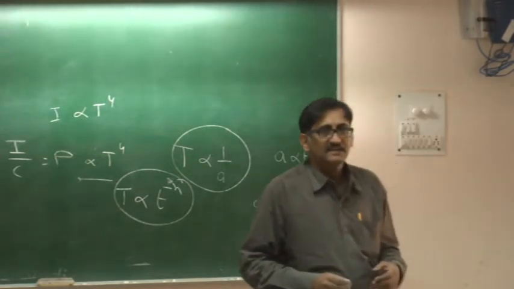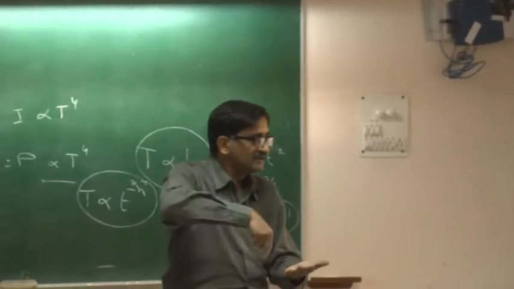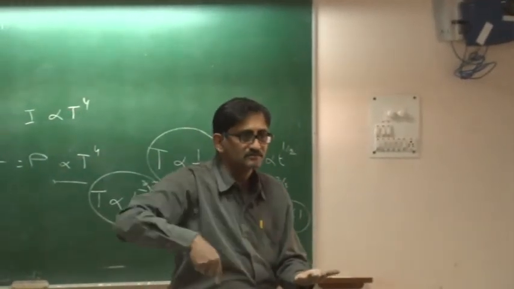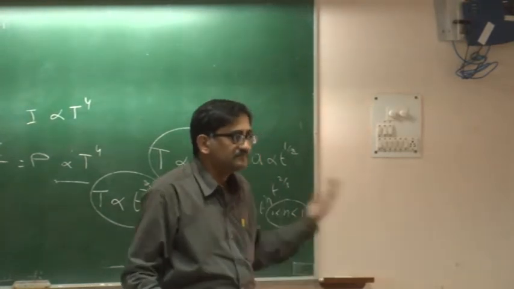Why? It is like Brownian motion. Lycopodium powder, the standard experiment, keeps on having the zigzag motion. Why? Because of random hits with other molecules. The same thing happens here.